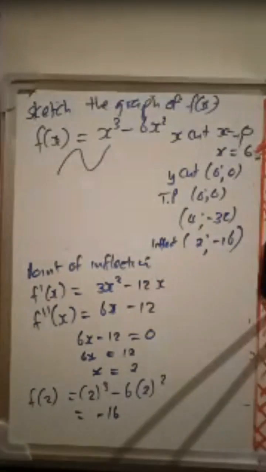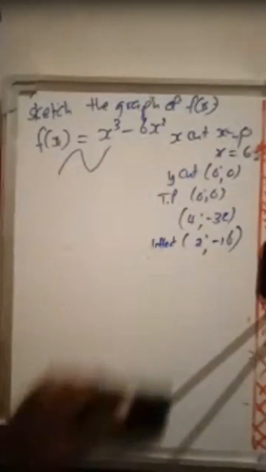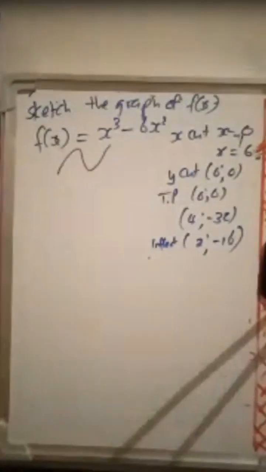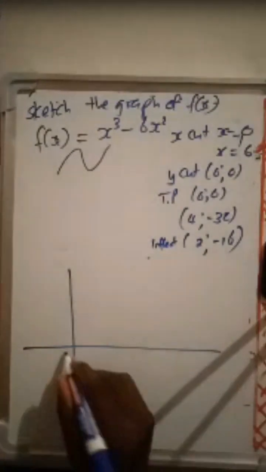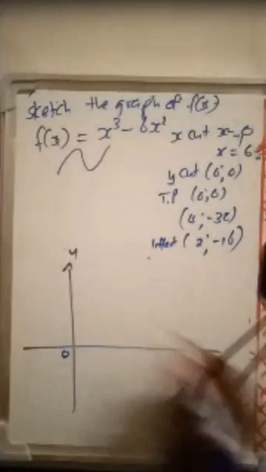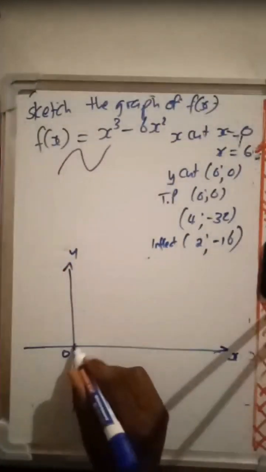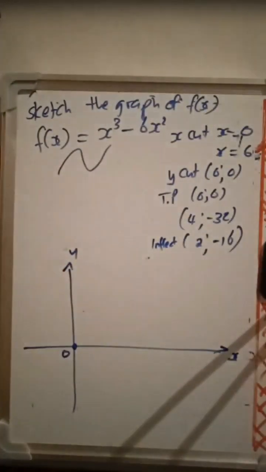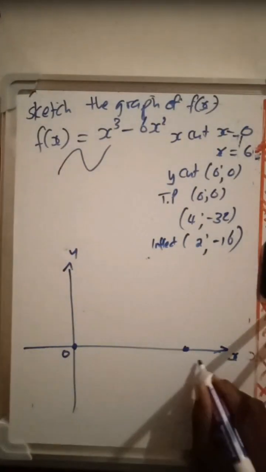Now that we have all these, we go to our graph. We are going to sketch. This is not drawn to scale. That is 0, that is y, that is x. Let's check what we have. x cuts 0, and the other one is 6, somewhere there.